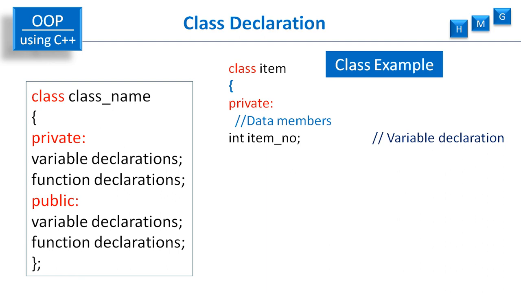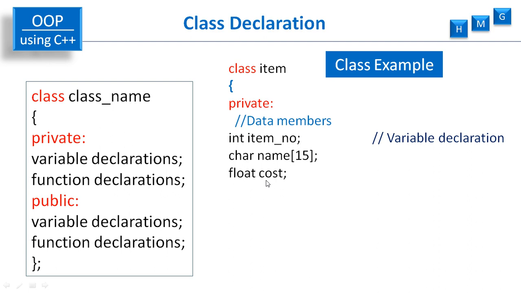First data member is item number, which is of integer type. Second data member is name, which is a character type array. Third data member is cost, which is a float type variable. So like this, in this private section I declared 3 data members: item number, name and cost.